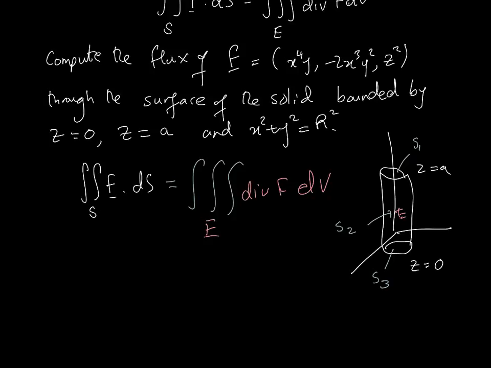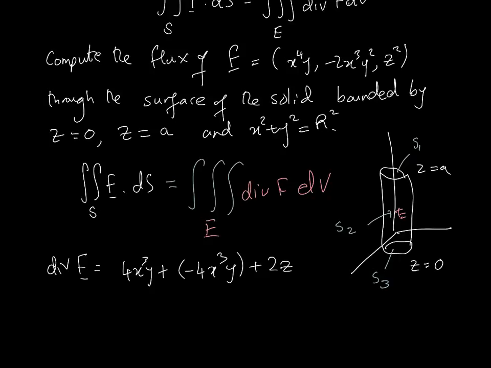As you will see in this example, the first thing we need to do is to calculate div F. So let's start to solve this, and hopefully you'll see how easy it is to work out. The x derivative of the x component is 4x cubed y, plus the y derivative, which is negative 4x cubed y, plus 2z.